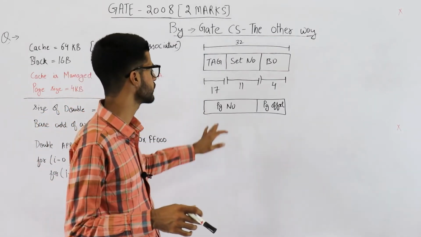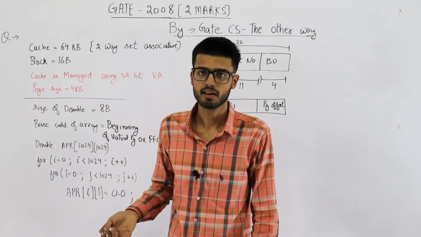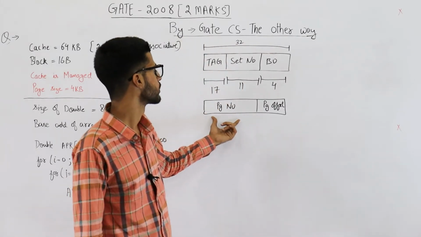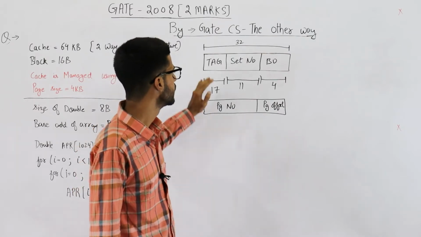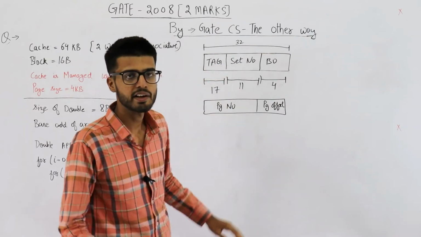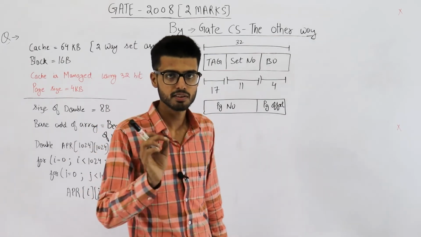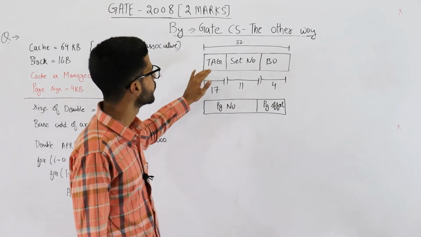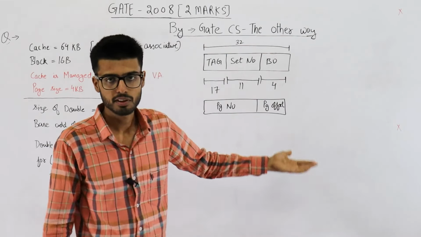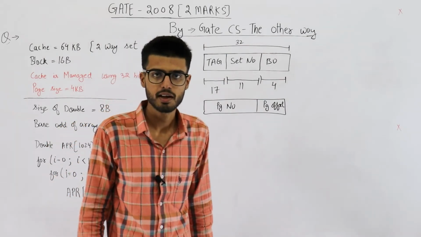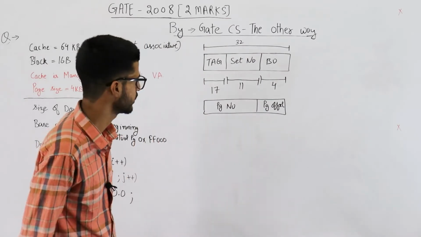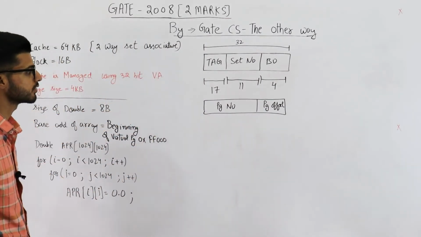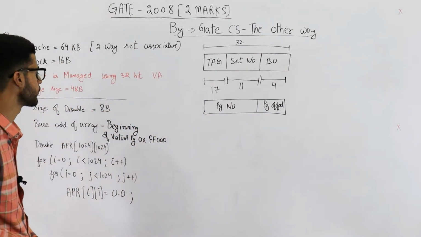You'll translate a virtual address into a physical address using page tables. There you will divide the virtual address like this. This is used for indexing into the cache, just for checking whether some cache line contains a particular address or not. We divide the virtual address like this in case of a virtually indexed tag. So both are divisions of virtual addresses only.